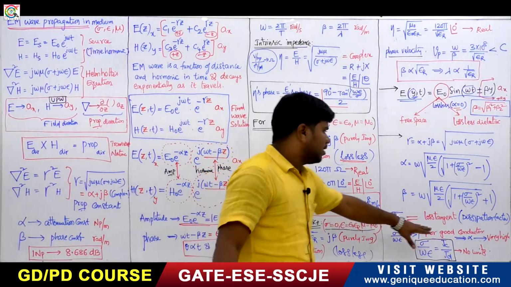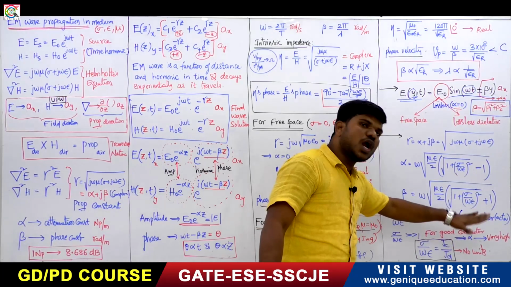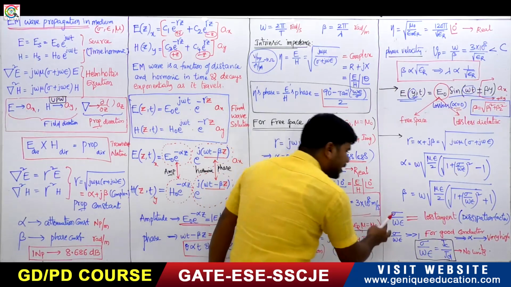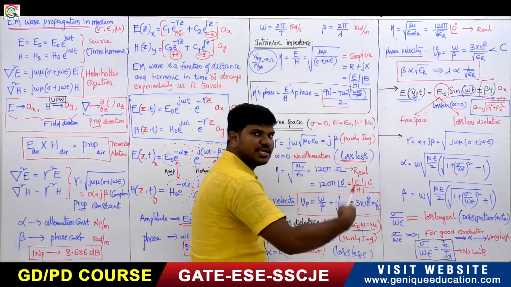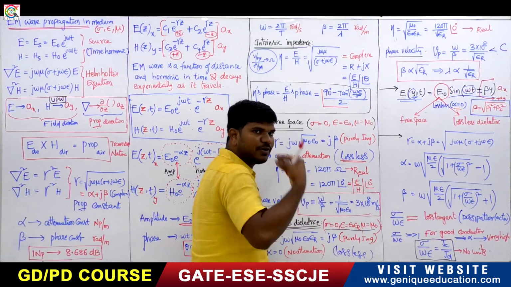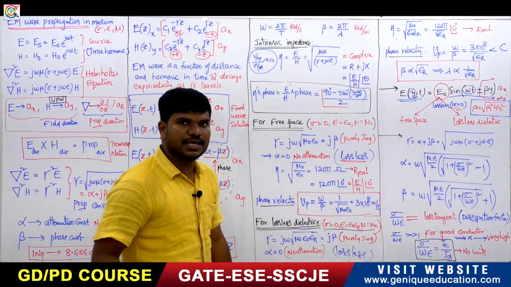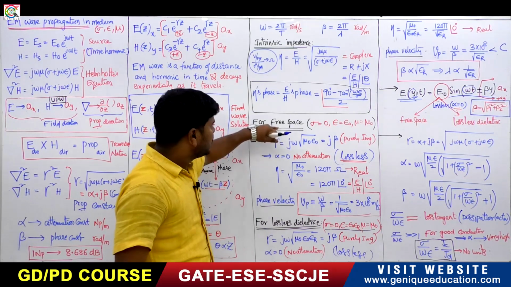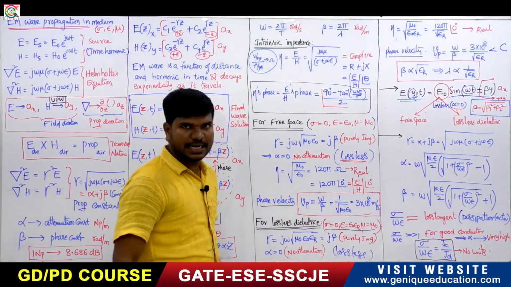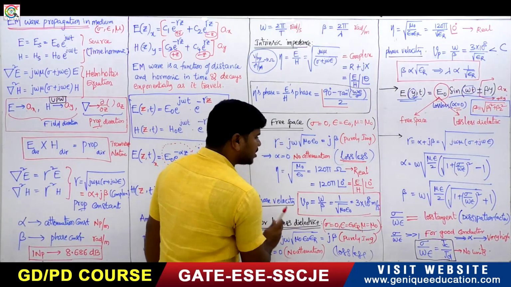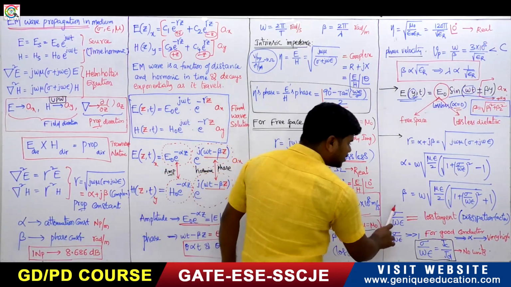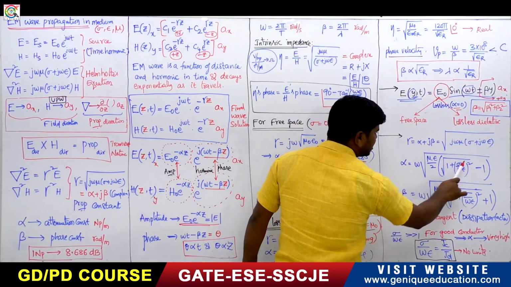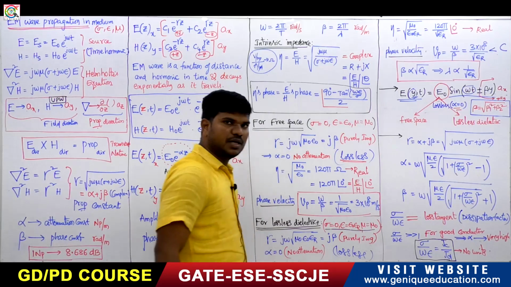That's why a very good conductor is not suitable for propagation of an EM wave, and we won't prefer very good conductors to propagate the EM wave. The only suitable mediums are free space and lossless dielectrics. Here there is no loss, but in the conductor the loss is very high, because alpha depends on sigma by omega epsilon.